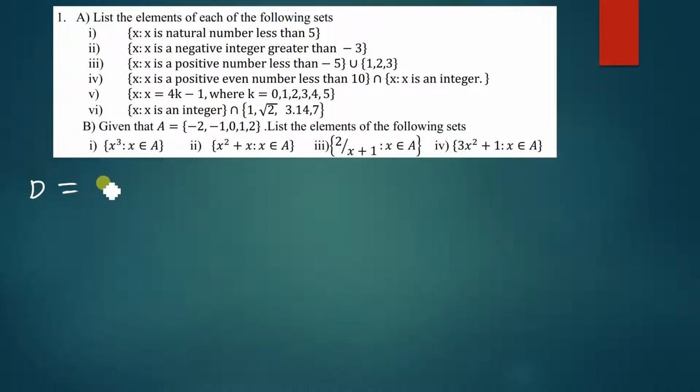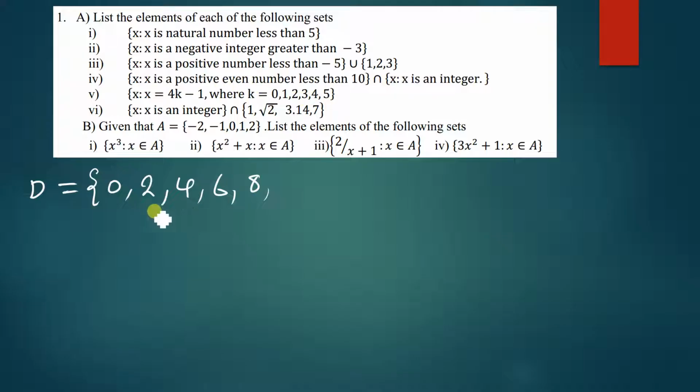So okay, it depends on what your instructor wants the solution to be. So if you are taught that 0 should also be included in even numbers, which is supposed to be the case, then you also have to include it here. So you say 0, 2, 4, 6, 8, because they're saying less than 10.